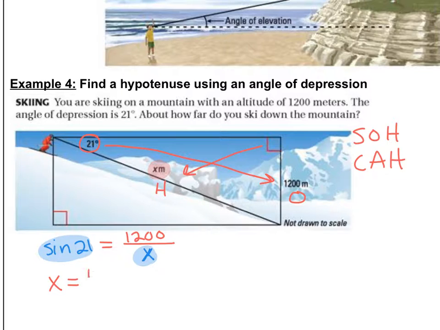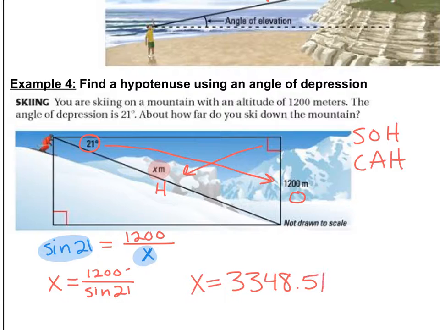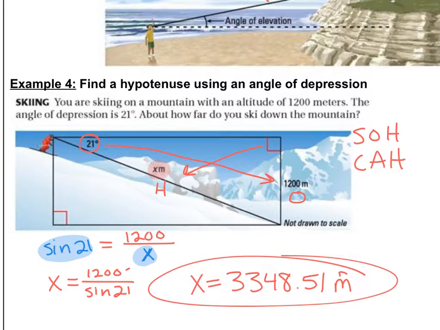So x is going to be equal to 1,200 divided by the sine of 21. Then plugging that into your calculator, and we'll go to 2 decimal places again, you will find roughly 3,348.51 meters. I almost said feet, but we're talking meters here.